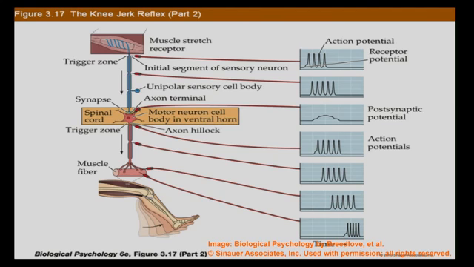But what that stretch receptor does is set off action potentials in a sensory neuron that's innervating that stretch receptor within your quadricep, okay? And so look at this neuron right here. It's a unipolar sensory neuron. The cell body is right here. Here is its dendritic component. Here is its axonal component. This is a sensory neuron.